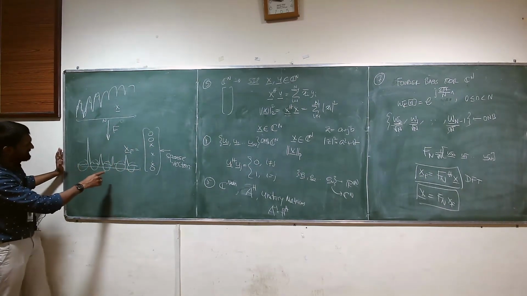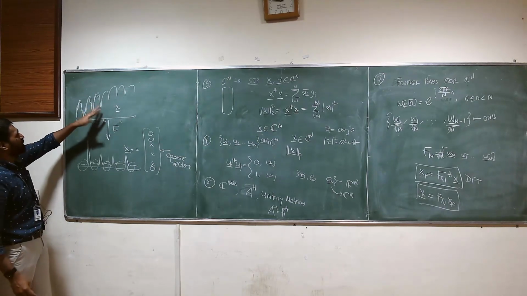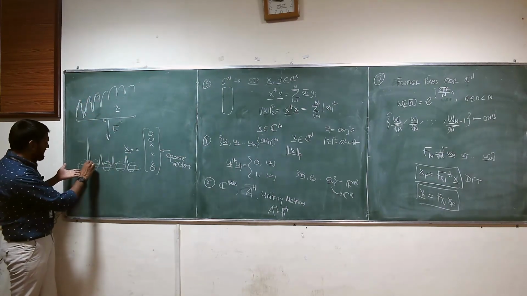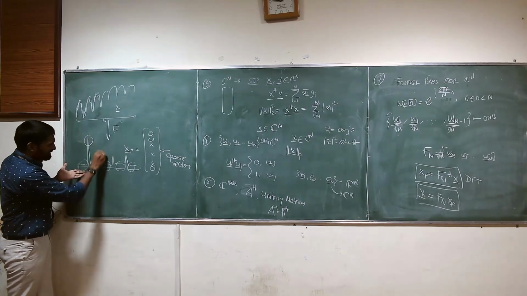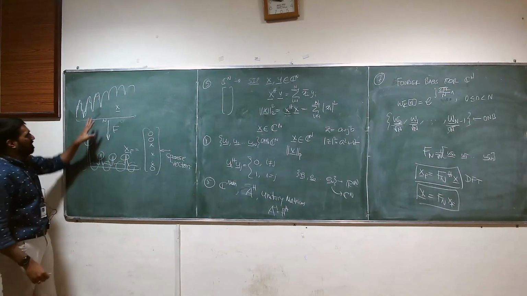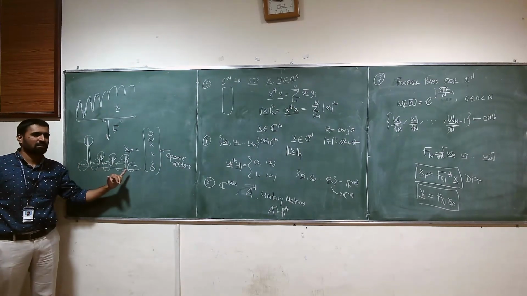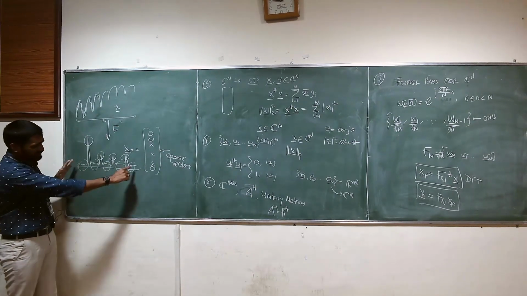Even though here I don't know what exactly is there in the signal, if I look at the Fourier decomposition, I can clearly see that the signal is primarily composed of these 4 frequency components, whereas the rest of it is all 0.